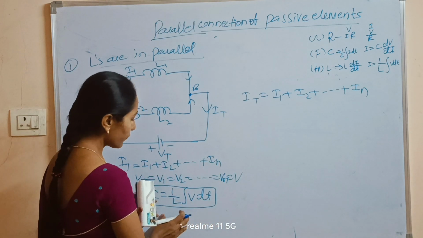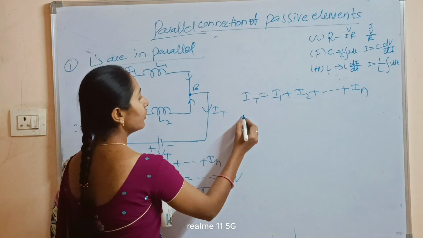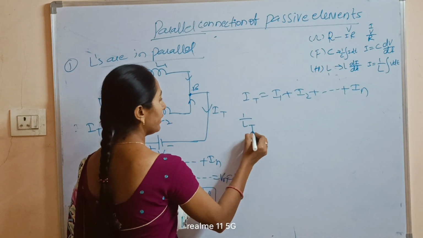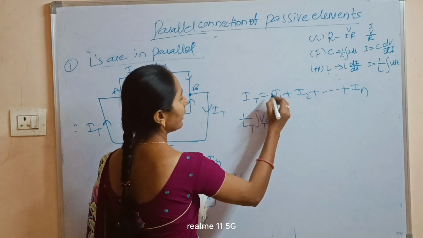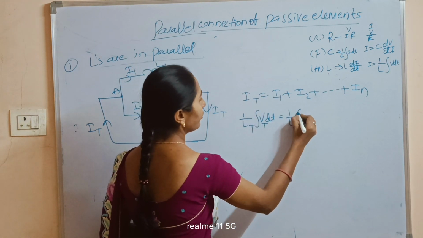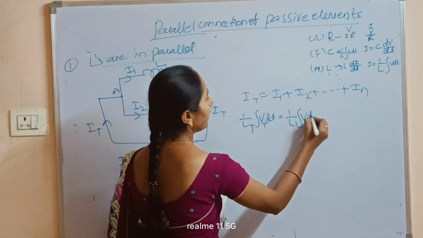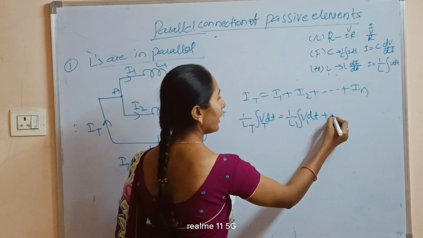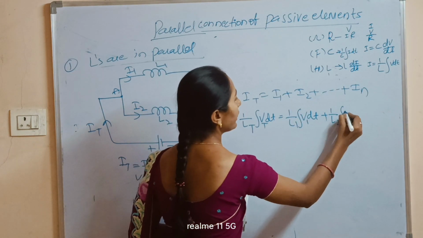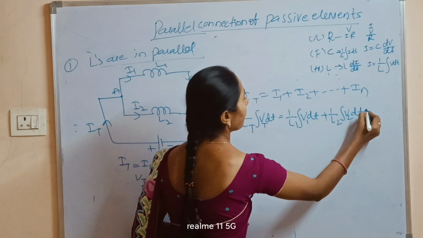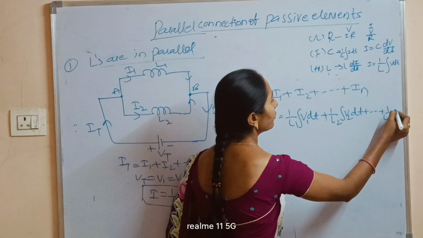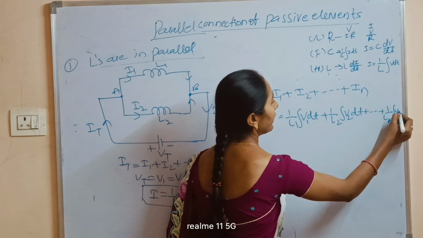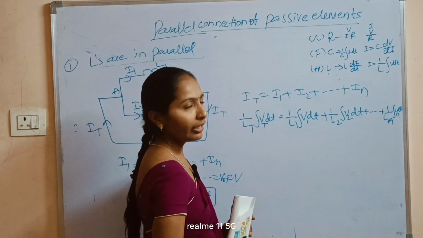Now, I total equals 1 by L total into the integral of V total dt, and I1 is 1 by L1 into the integral of V1 dt. Now I2 is 1 by L2 into the integral of V2 dt, plus so on, plus 1 by Ln into the integral of Vn dt. Okay.